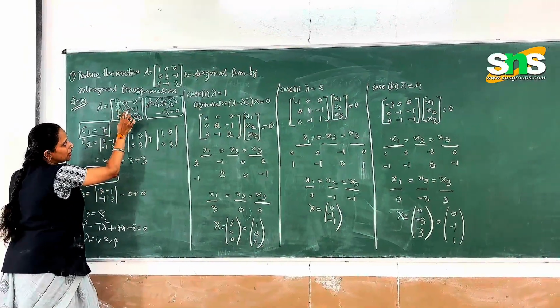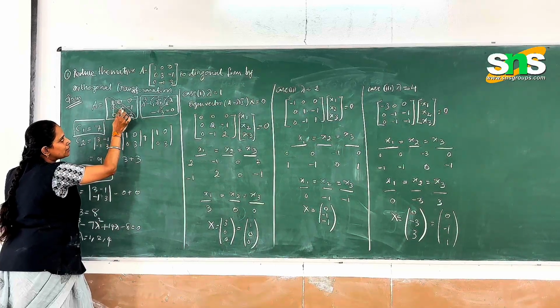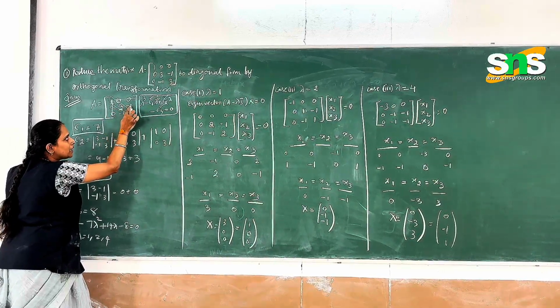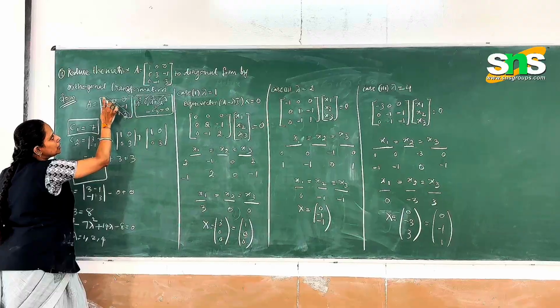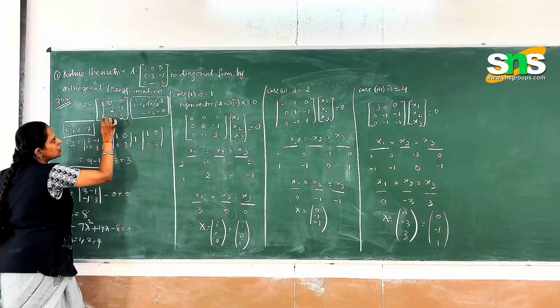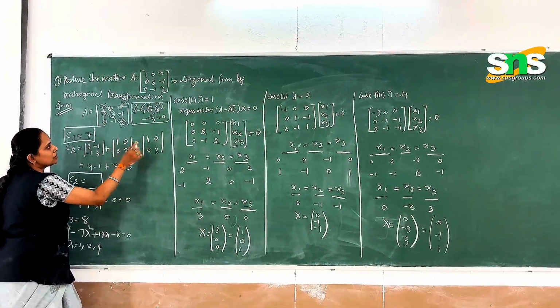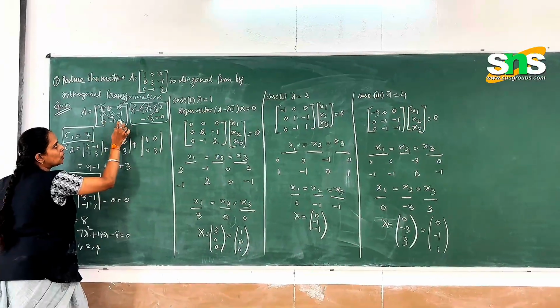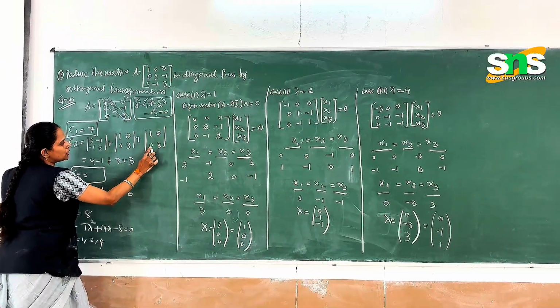The second diagonal element is 3, so we leave the second row and second column; the remaining elements are 1, 0, 0, 3. Then we leave the third row and third column; again 1, 0, 0, 3.